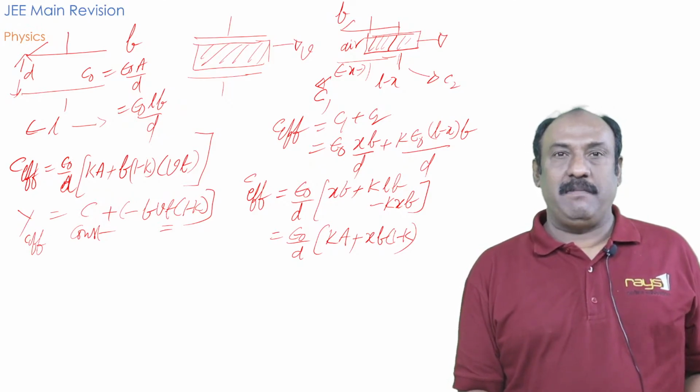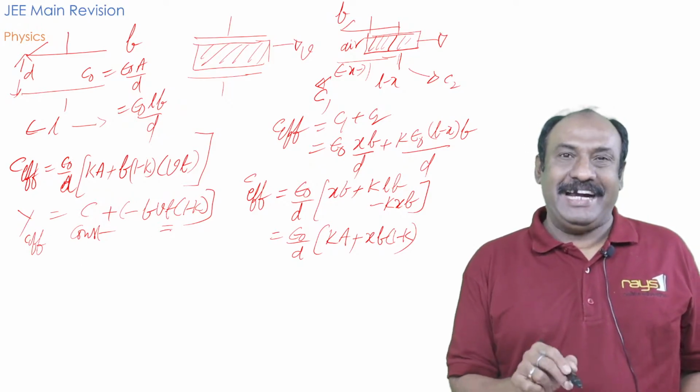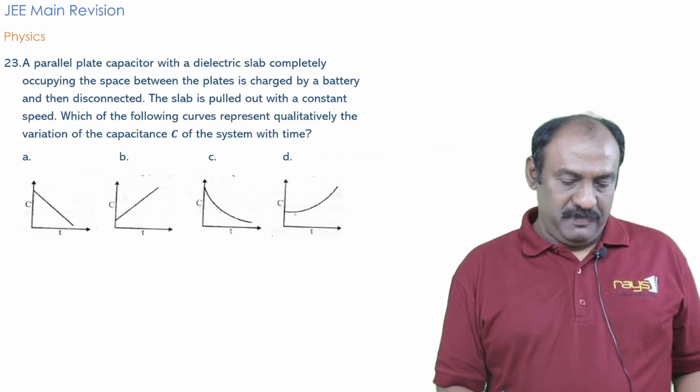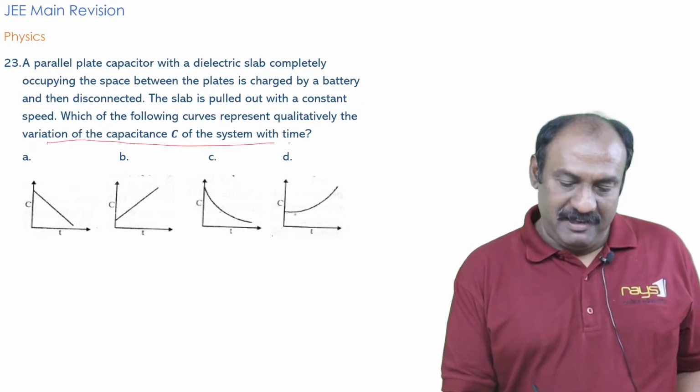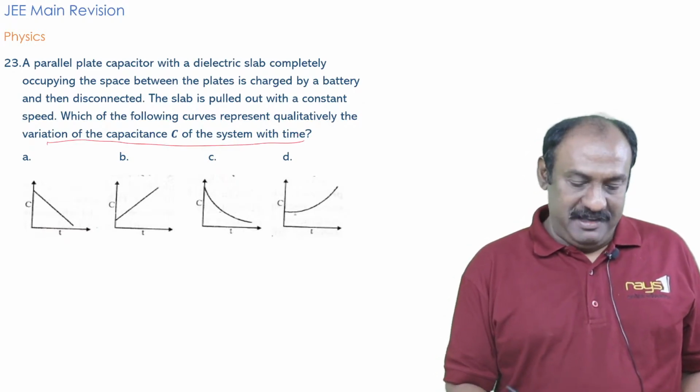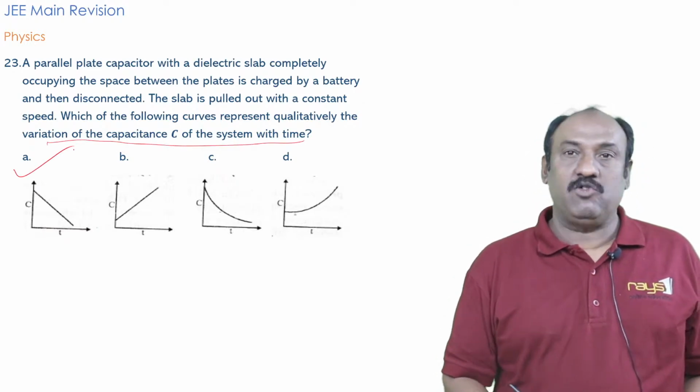So, it is in the form of a straight line having negative slope. Due to that, the graph plotted for the variation of capacitance of the system with time is a straight line having negative slope. That is the answer.